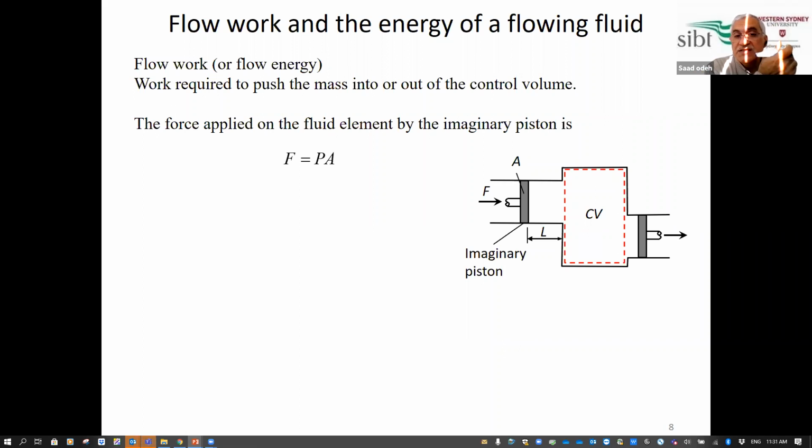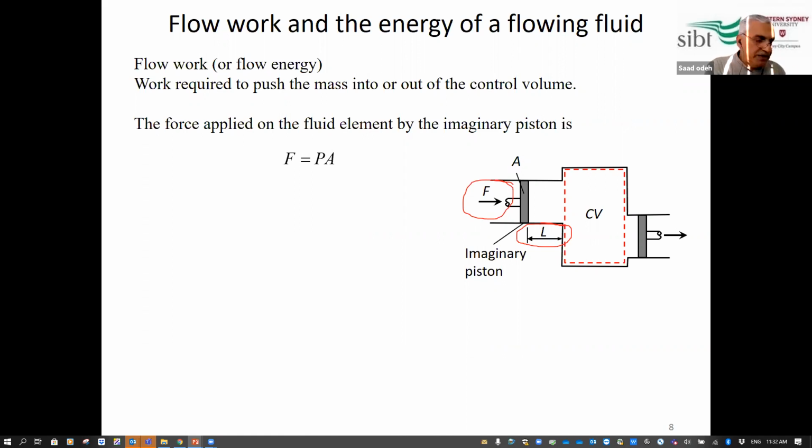We know that work is the force multiplied by the distance. In this case, we have the force F, which is the force required to push a certain amount of fluid across a distance L. If I multiply F by L, I can get the work required for the flow, or the flow work.